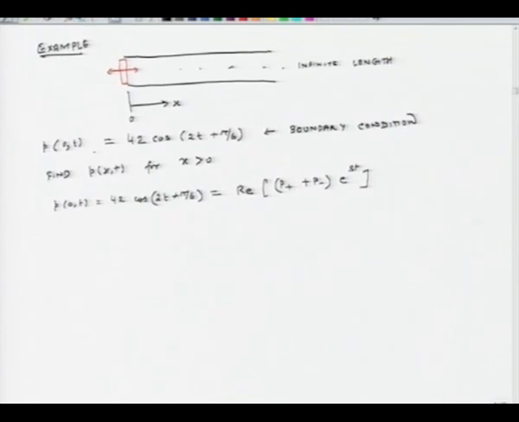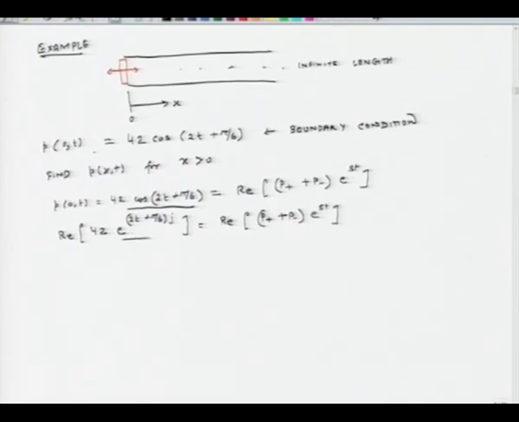Now, the next thing I am going to do is represent this term in exponential form. Once I do that I get real of 42 exponent of (2t + pi/6) times j equals real of P plus plus P minus e to the s t.